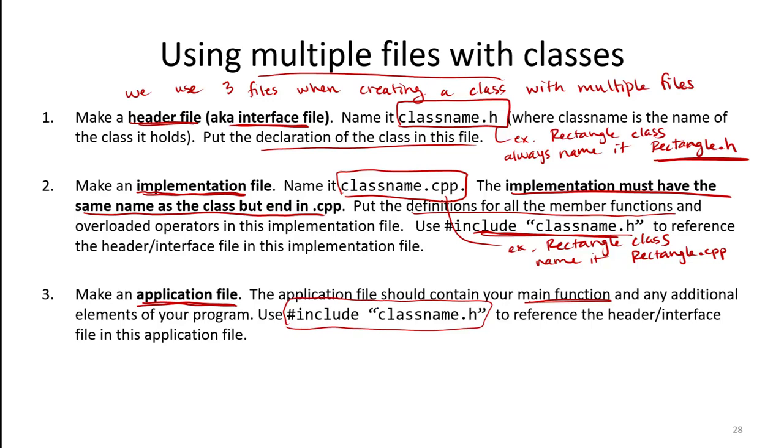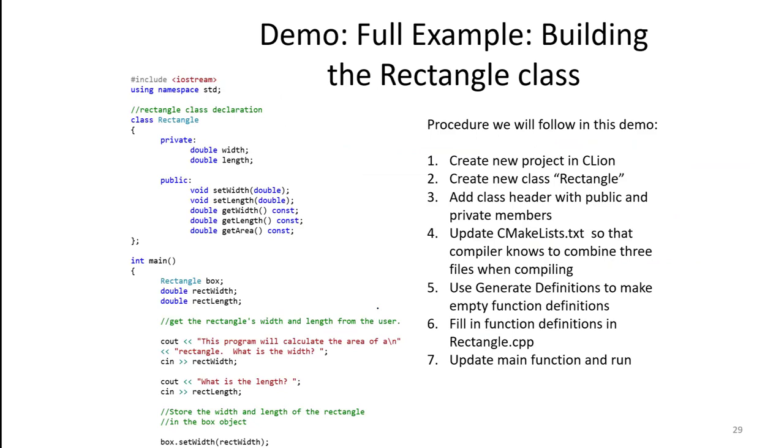So let's go ahead and try doing this process. Let's try building a class from scratch. In the next part of this video, we will follow the steps shown here. Our goal will be to build and implement the rectangle class that we looked at earlier.